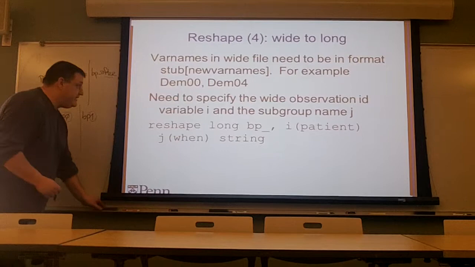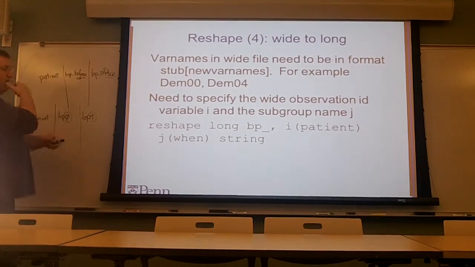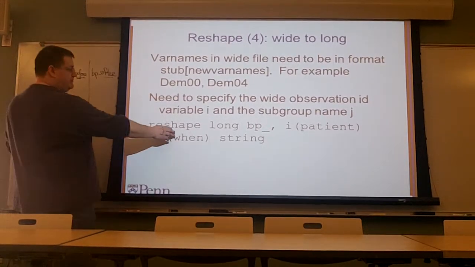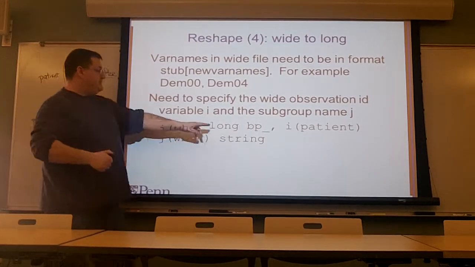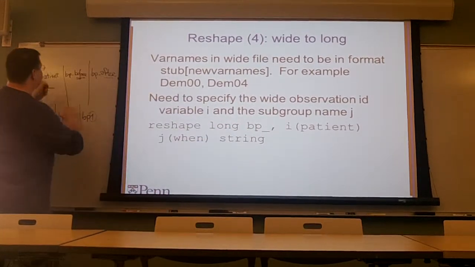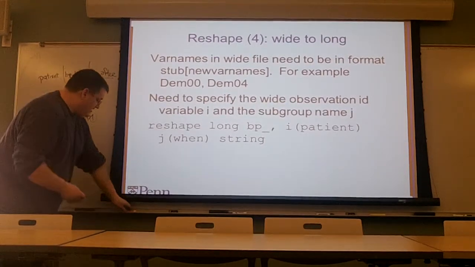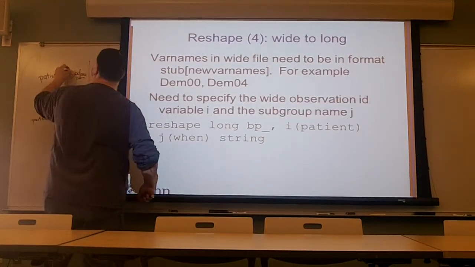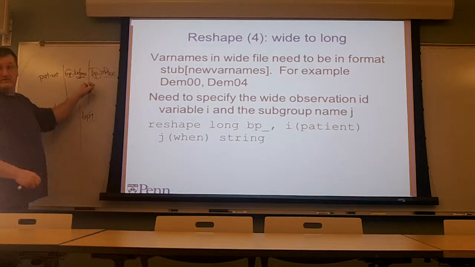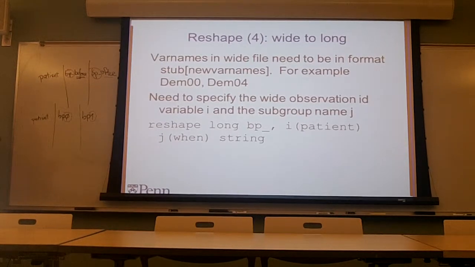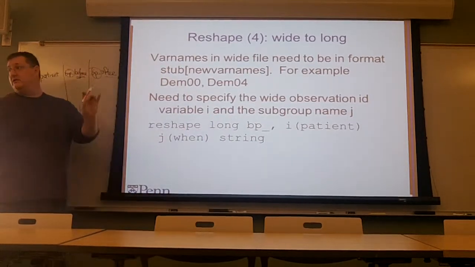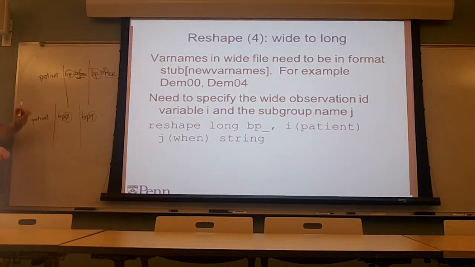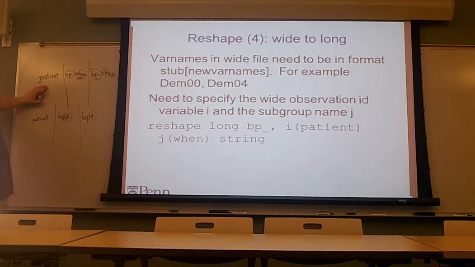So what's going to happen here is that we say reshape long, because we're in a wide format now, the BP underscore variables. So all of the variables have the form BP underscore and then the suffix, right? And then we have to say, okay, what are we going to pivot on? We're going to pivot on the patient variable, right?